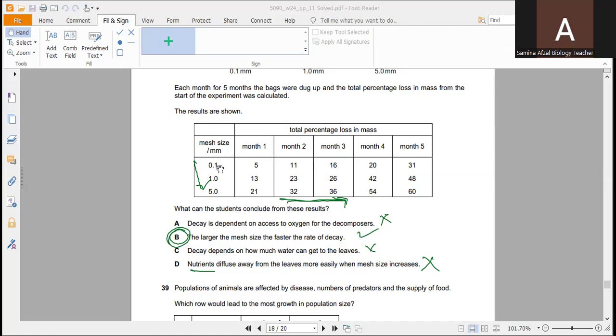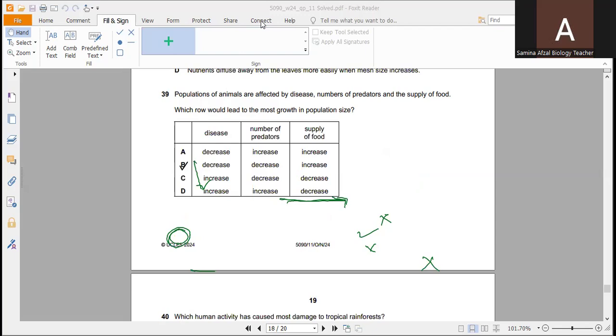Next question, number 39. Populations of animals are affected by disease, number of predators, and the supply of food. Which row would lead to the most growth in population size?